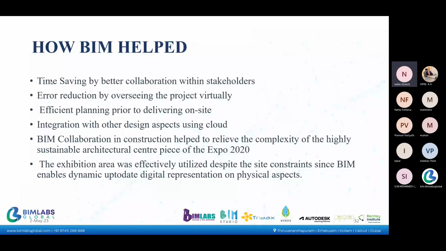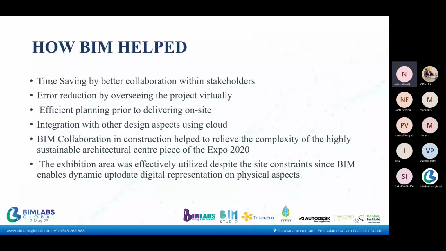So actually, BIM allowed better collaboration between different stakeholders. As I told you, highly complex projects could be created and designed in BIM using advanced software like Revit and Tekla, as I mentioned in the previous slides. These softwares helped in designing complex projects with many features.